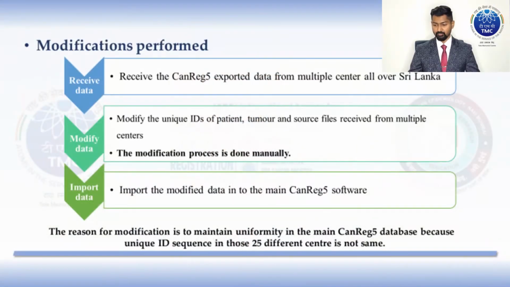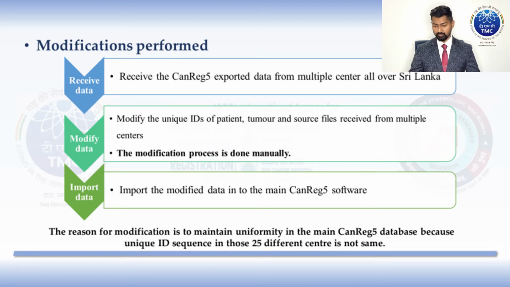After receiving data from any center, they have to modify the unique IDs of the patient, tumor and source table. The reason is to maintain uniformity in the main CANREG5 database because unique ID sequence in those 25 different centers is not the same. The modification process is done manually.